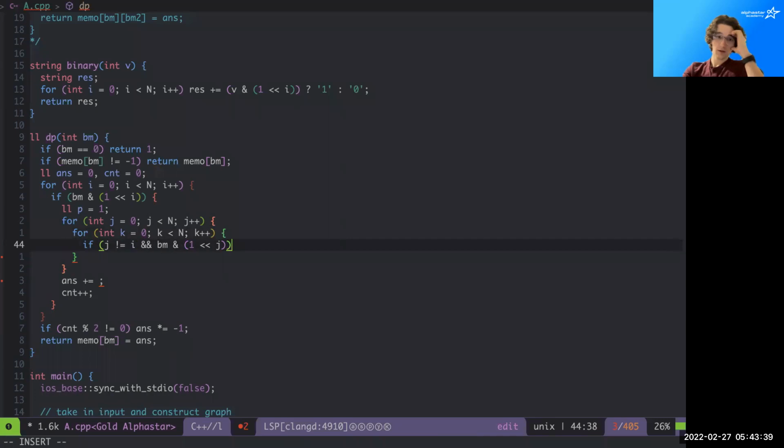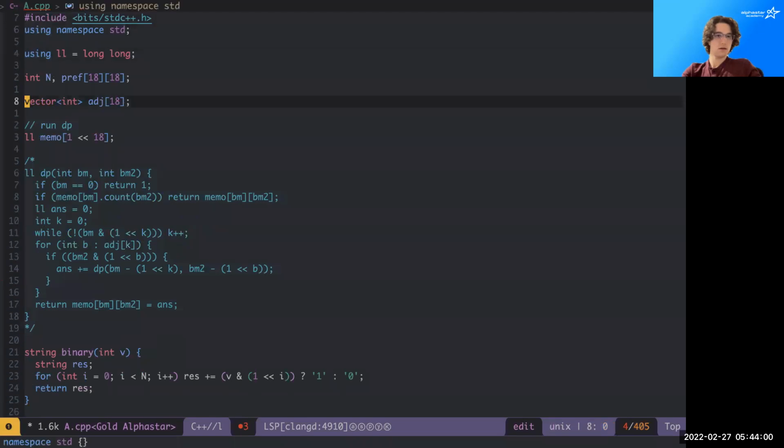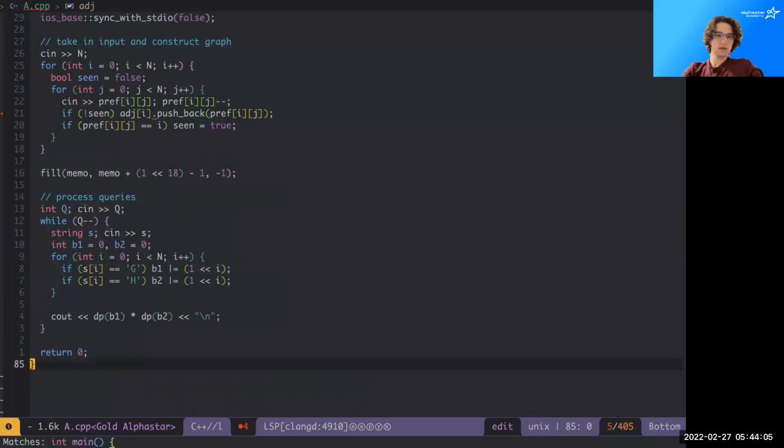Look for each row, and then, okay, so I guess this should be K, K not equal to I. It's set. So you get back to this representation.